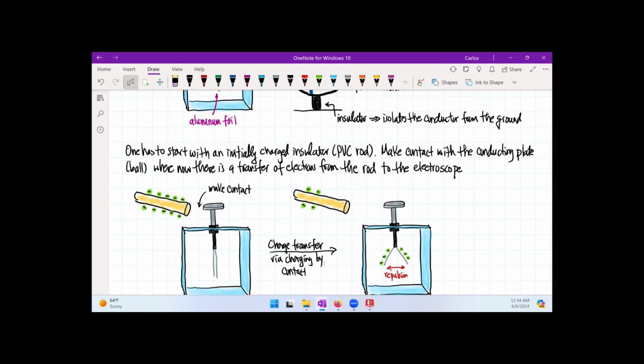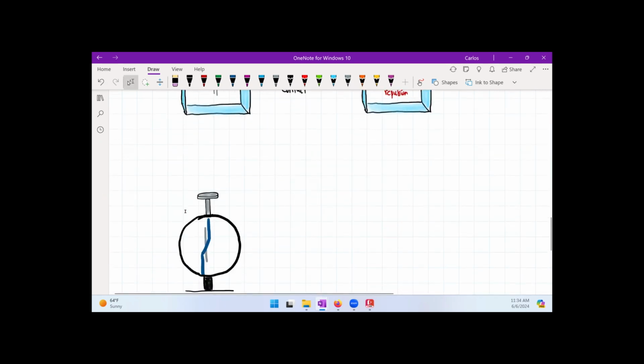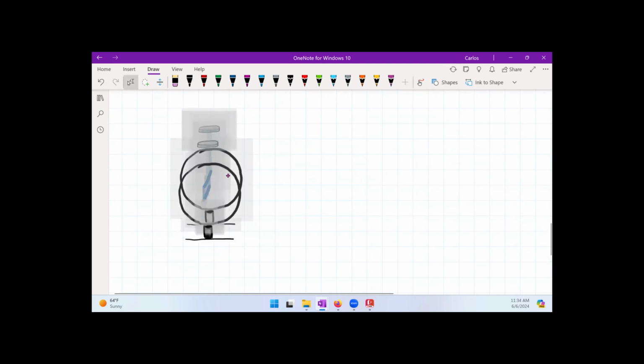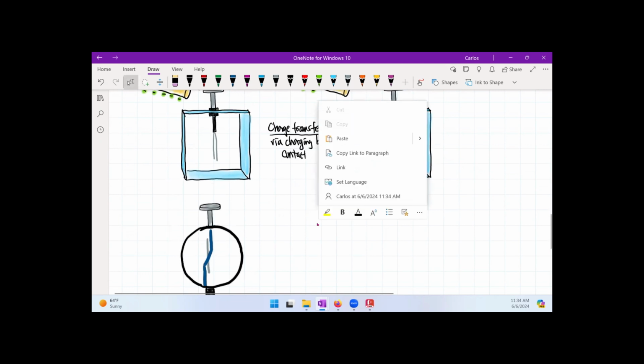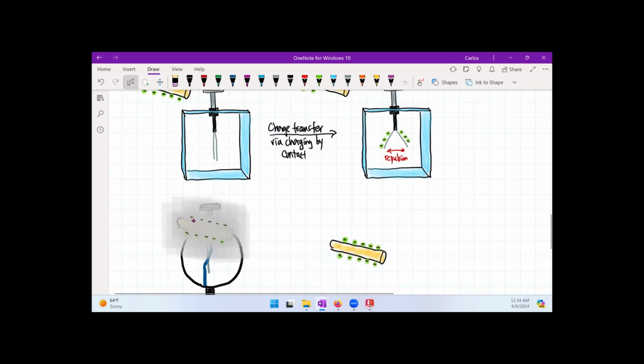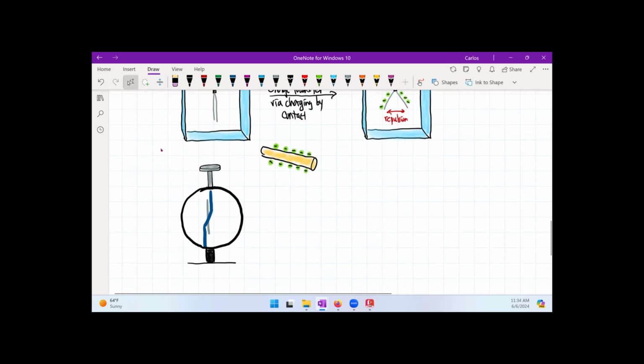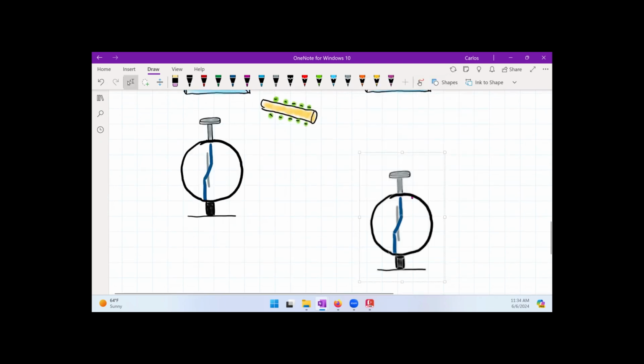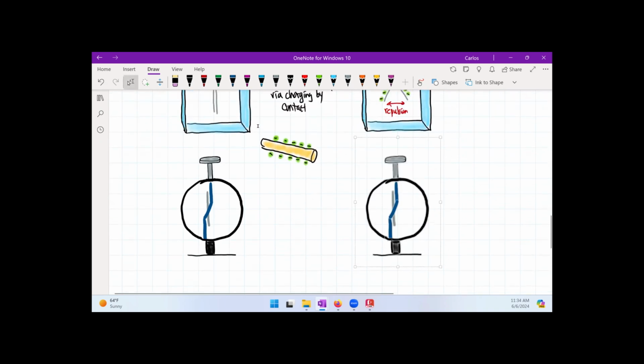Now I can repeat the same process here with this style of electroscope. So if I do the same type of thing here, then I'm going to paste my charge rod right here. Actually, I need to make a copy of this. And so what actually happens? So I have my charge rod. Again, I'm going to make contact with the metal here.